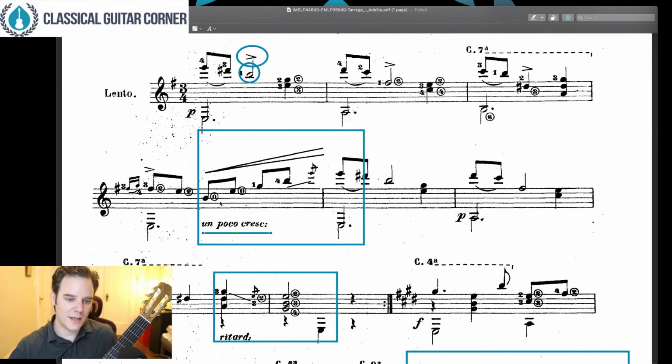If that wasn't marked there and we took it upon ourselves to say, well, there's nothing marked, so I won't do anything other than play, and just play it loudly, I don't think it has as much musical expression, and it doesn't frame the phrasing as well.